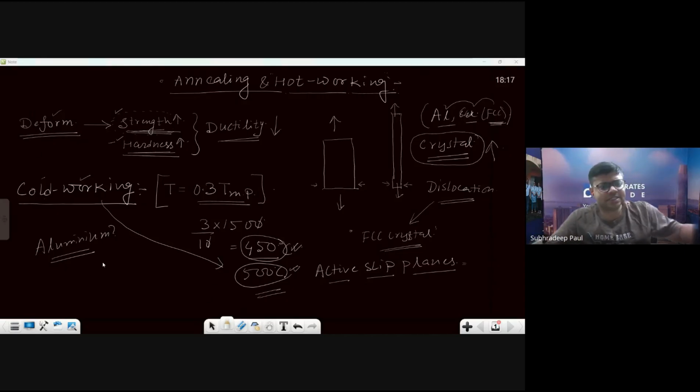Say, for example, the melting temperature of aluminium is taken as 660 or something like that. So if it is 660, then I can say it is 3 by 10 into 660.